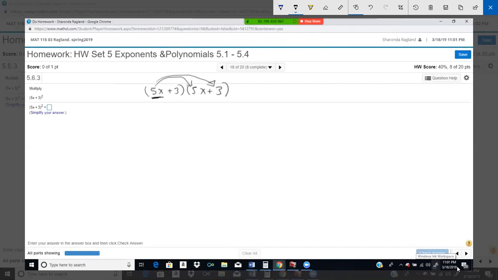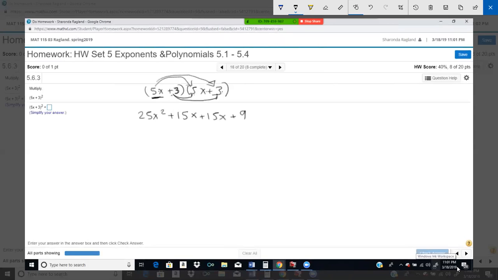So 5x times 5x, you get 25x squared, and then 5x times positive 3, you get 15x. Then you do the same thing with the positive 3. We're going to distribute this to both terms. 3 times 5x gives you plus 15x, and then 3 times 3 gives you plus 9.